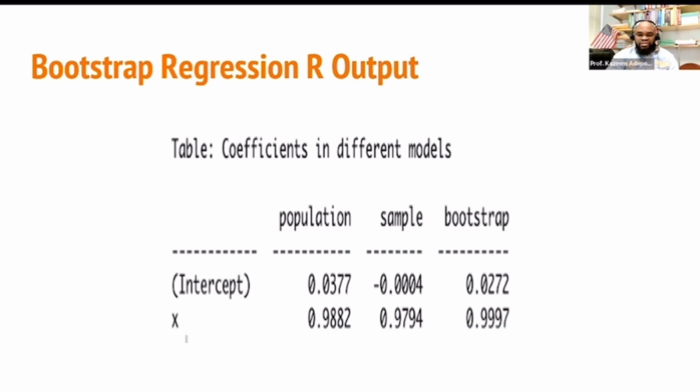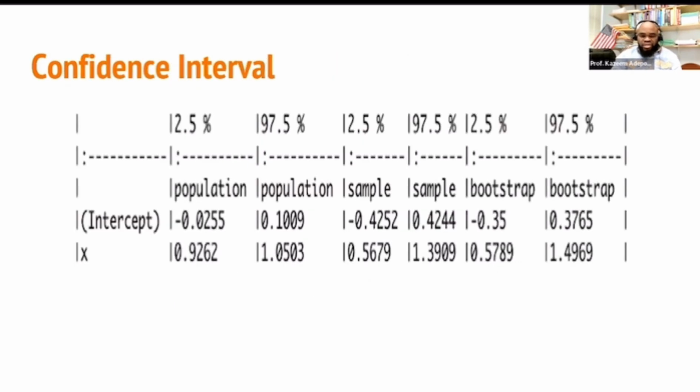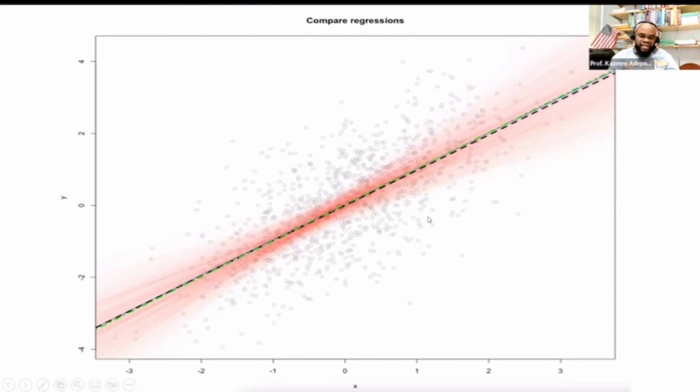The next thing I'm going to talk about is the confidence interval associated with that, for the population, 95% confidence. Now, you see for the intercept and the slope, for the population, the sample, and the bootstrap, that's exactly what I put here.